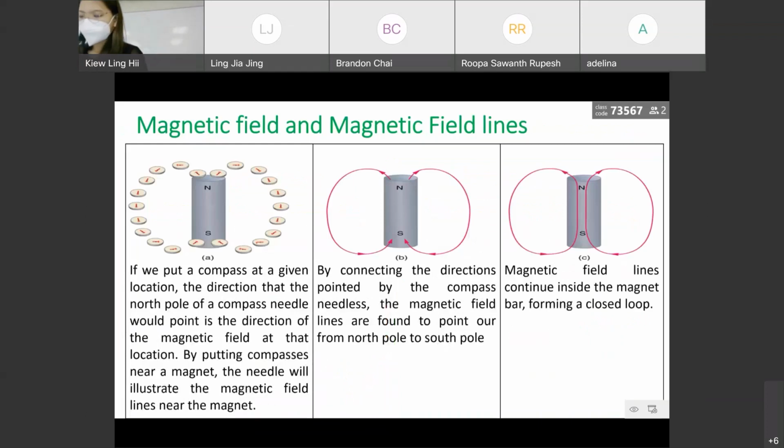Okay, so let's say now we have a magnet here and we put compasses around the magnet. So this is what you will get, right? You will get the directions of the compasses. It seems like coming out from the north pole and going into the south pole.